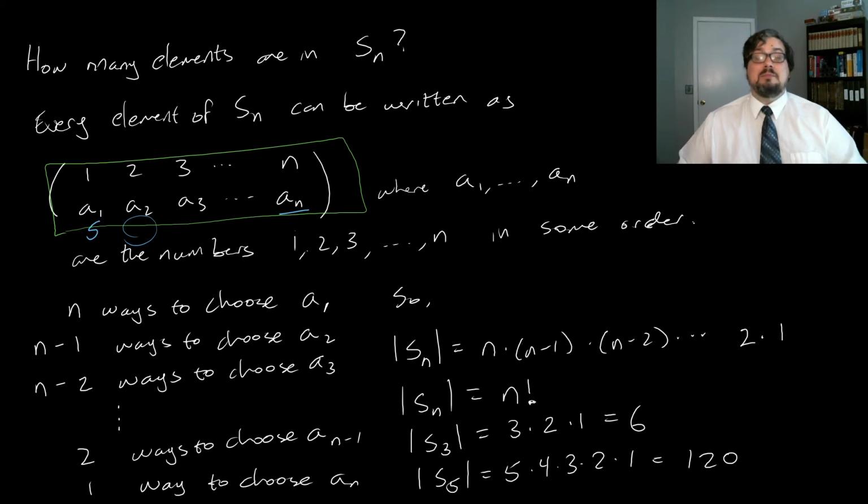And it's going to be more compact, but we need to think a little bit more when we use it. It's not going to be quite as explicit and direct as the notation that we were using before, although it's still going to be unambiguous as long as we interpret it correctly. So let's look at cycle notation.